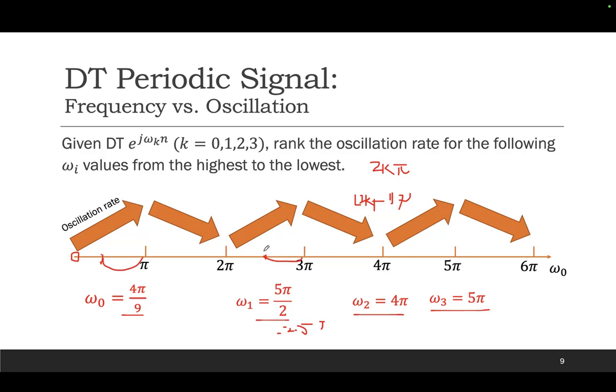Since the highest is here, this should be smaller than that one. So the highest should be 5 pi, then 2.5 pi, then 4 pi over 9, and then 4 pi. Does it make sense to you? Just check the rule we talked about.